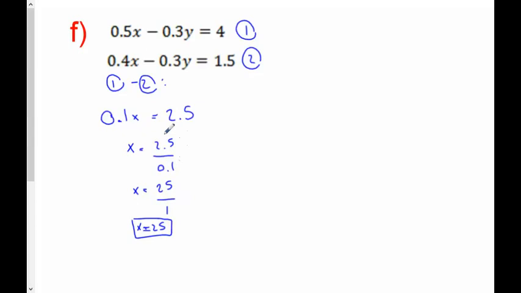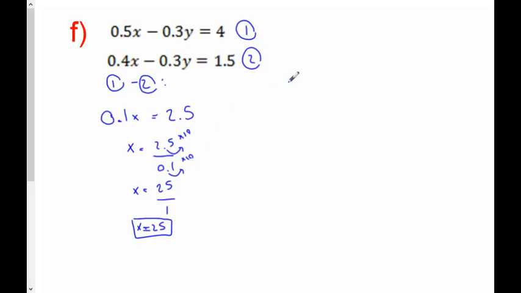Right, if I want to get rid of this fraction, I could just multiply both of these by 10. If I multiply both by 10, then that moves the decimal over 1 on both. So I end up with 25 over 1, which is obviously just 25.